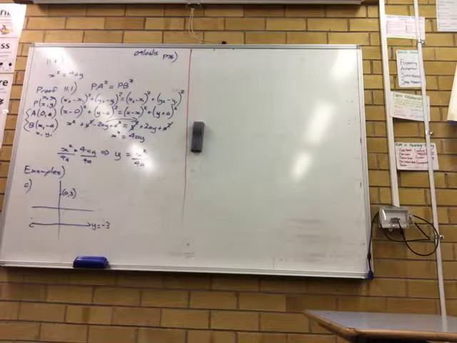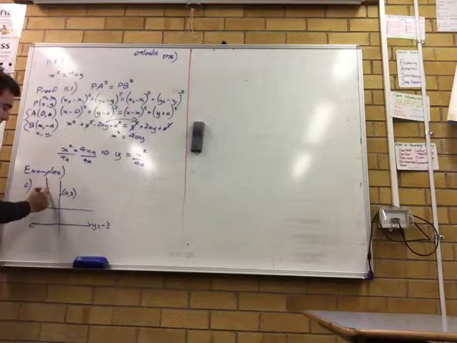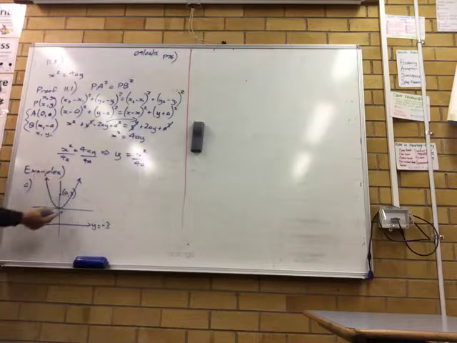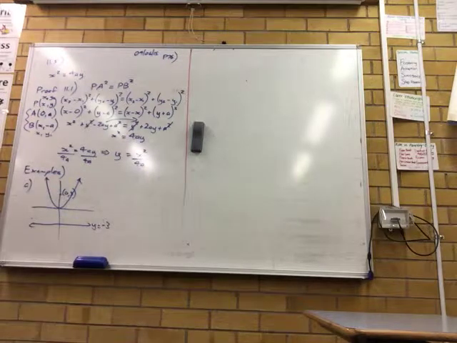Okay, and that's the 2 bits of information you need for the orientation of your parabola. So the focus has got to be inside the parabola, and the parabola will never cross the directrix, with the vertex at the midpoint between the focus and the directrix.